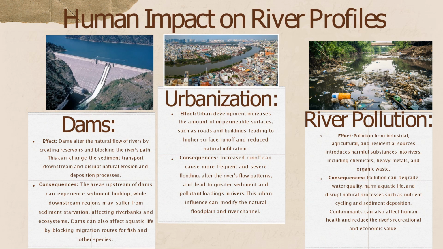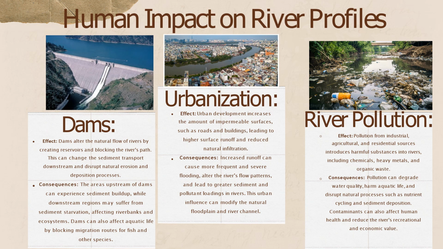So the second point will be urbanization. So imagine building cities. Building cities and infrastructure along a river will increase the surface runoff and reduce natural infiltration. So this can lead to more frequent and severe flooding and changes in the river's flow and sediment deposition patterns.